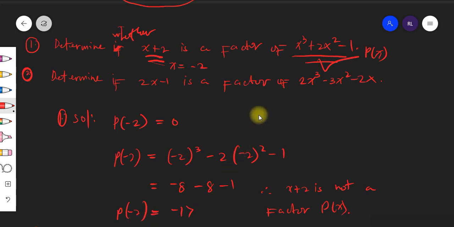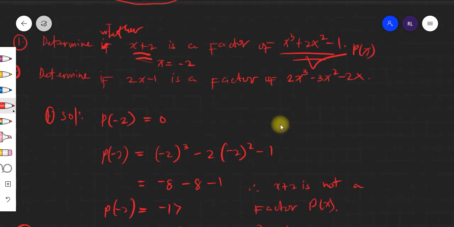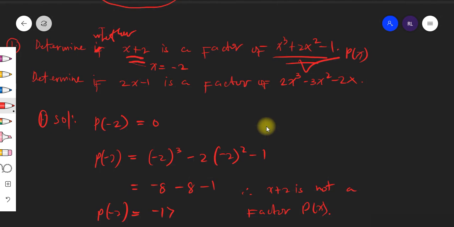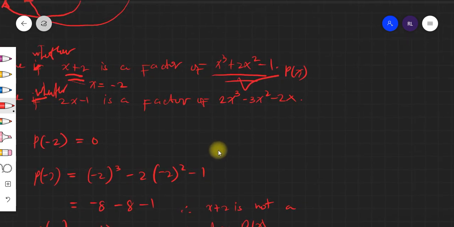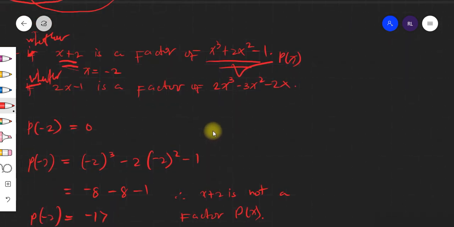So number 2, we have here: determine whether 2x minus 1 is a factor of 2x cubed minus 3x squared minus 2x. Let's try that one. Let us say this polynomial is f of x.